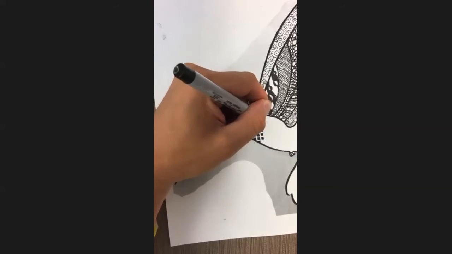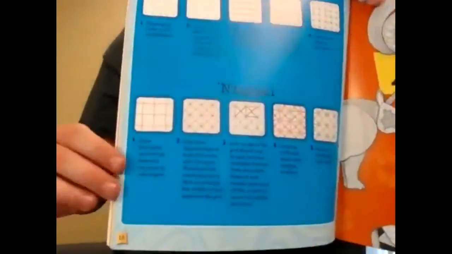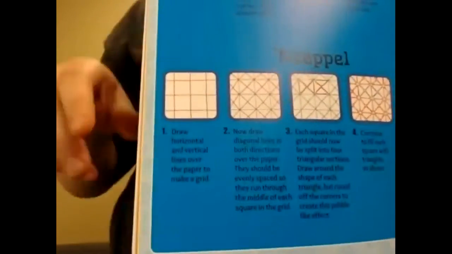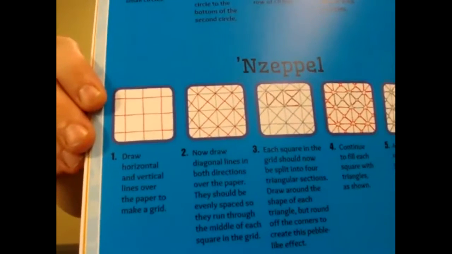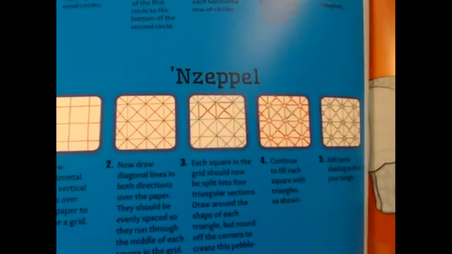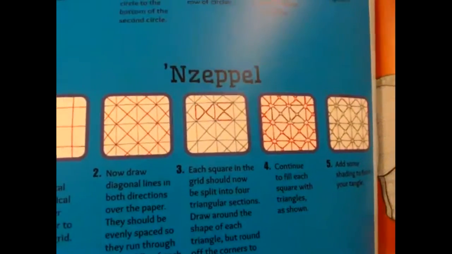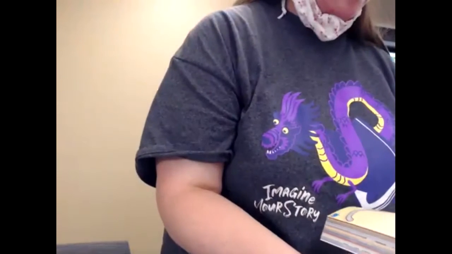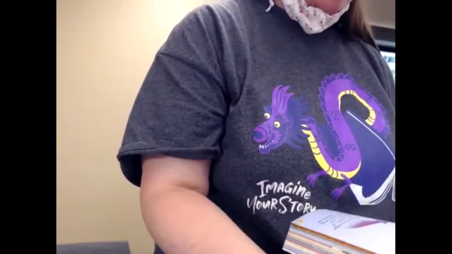And this again is a perfect example of if you want to be precise, you could get some rulers out, get a grid out, so really make them correct. So here's one example where you make a grid and then make another grid on top of it. And then from there, color, and that kind of helps you fill in the whole space. I'll find a few more that start out in that similar vein.